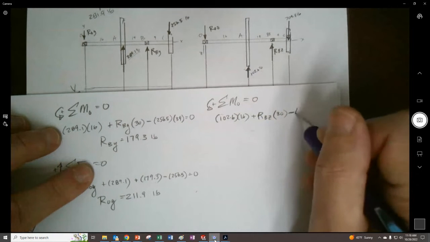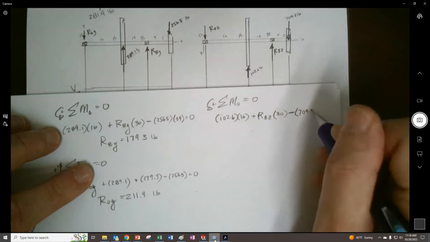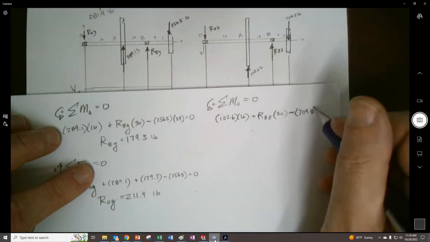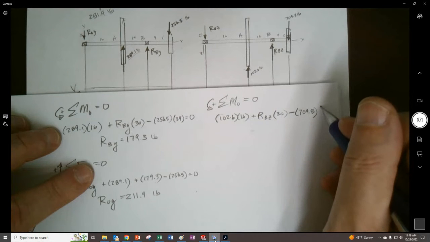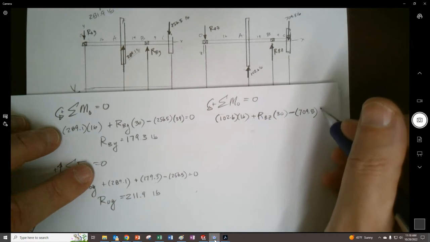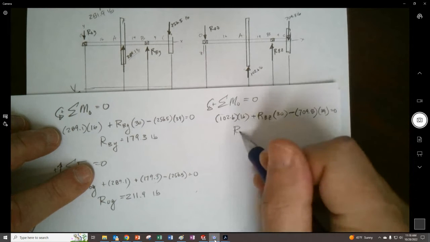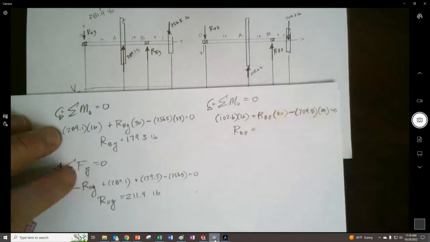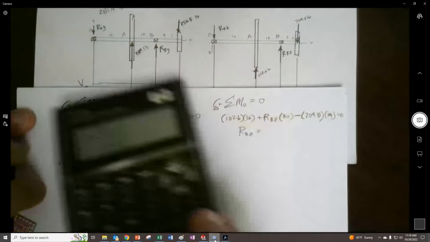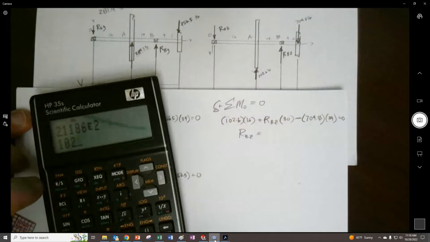And then this one right here is a 704.8, and he is times, once again, 39. So RBZ, and so we go 102.6 times 16.